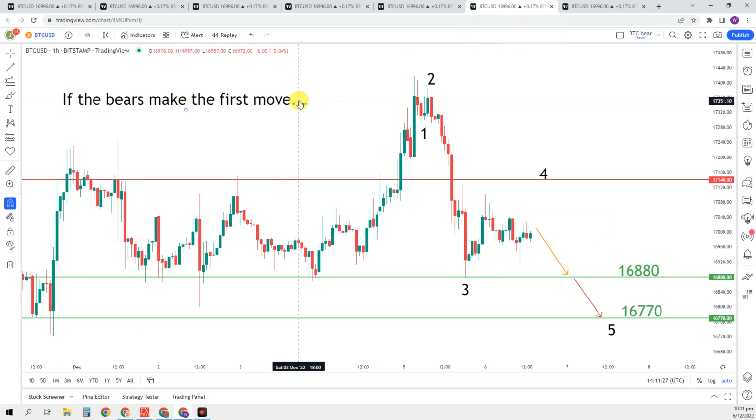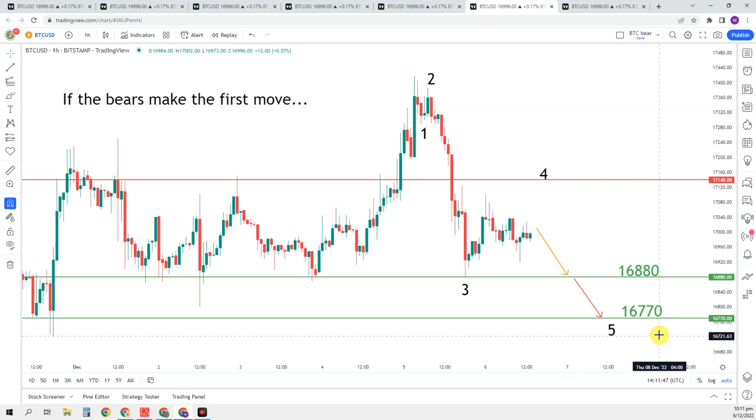So if the bears make the first move within the bearish Elliott wave structure, we can see that the bears must break below 16,880, which is the low of wave 3, to validate a move down to wave 5, which is the target at 16,770.